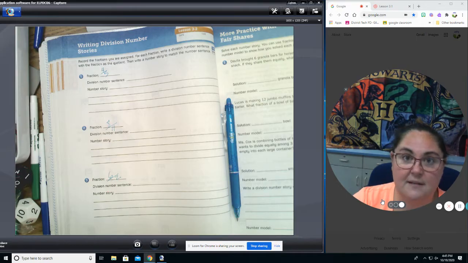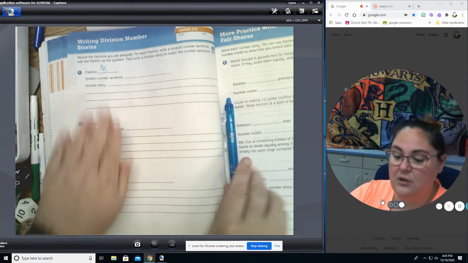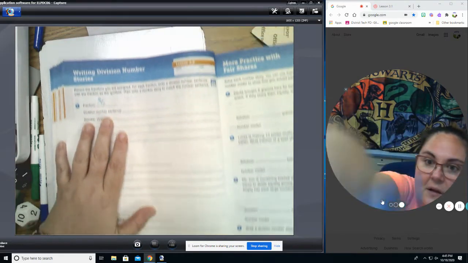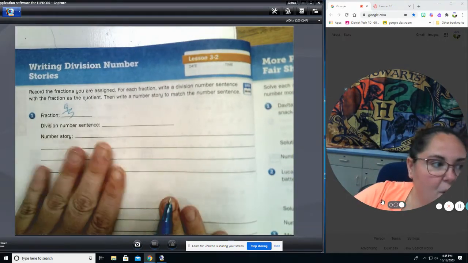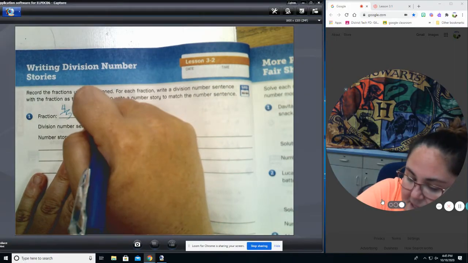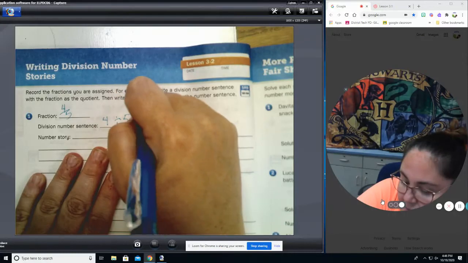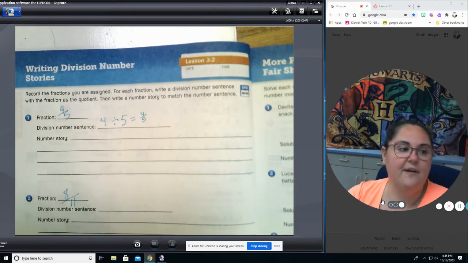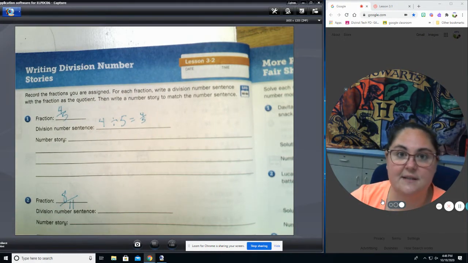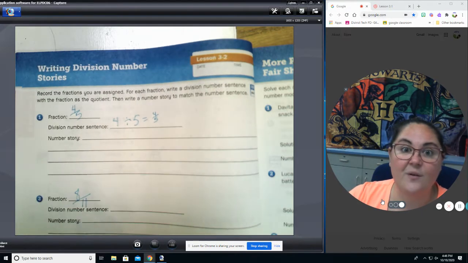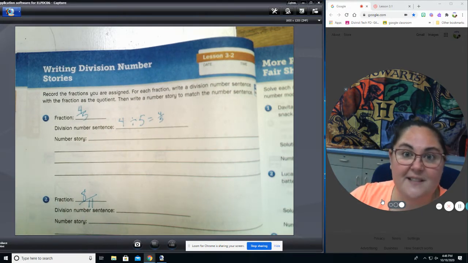It's so easy. My second reminder is don't forget it's what divided by how. So looking at my first problem, 4/5, my number sentence will be what divided by how. 4 divided by 5 equals 4/5. And now you have your basic number story problem.